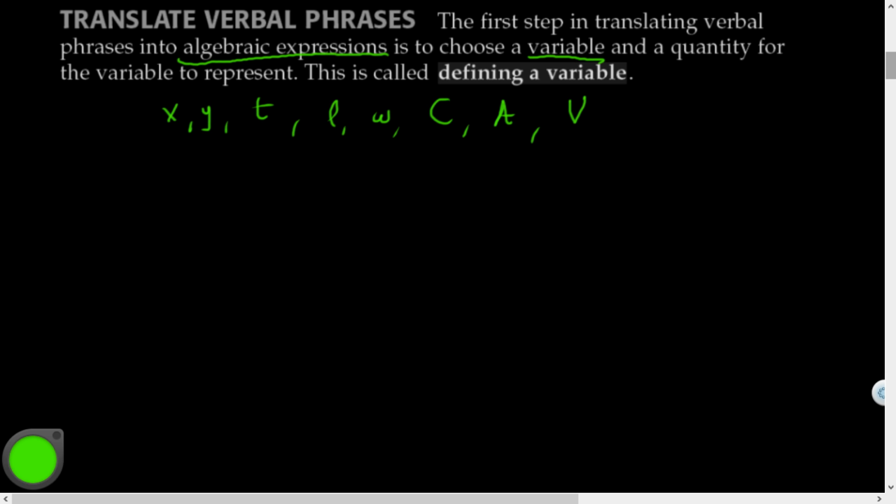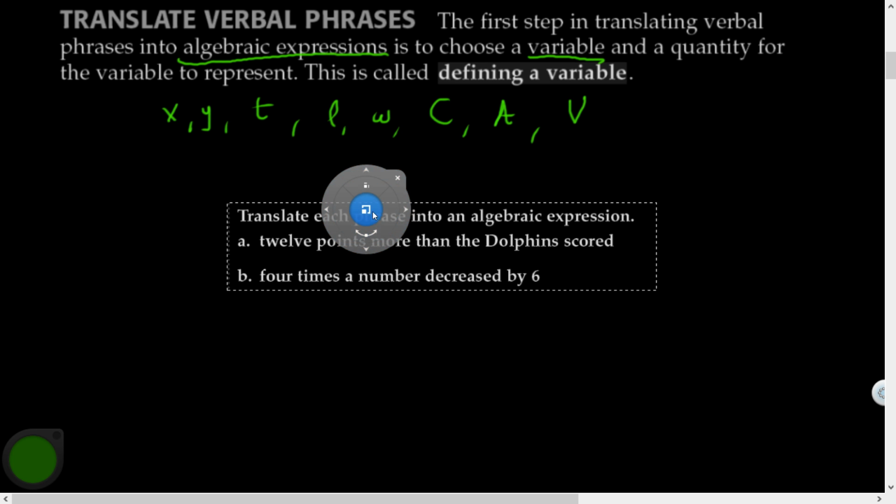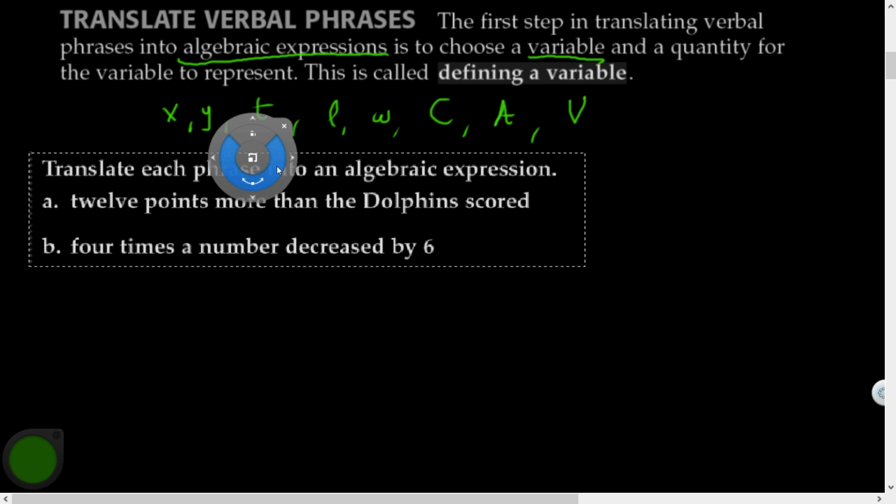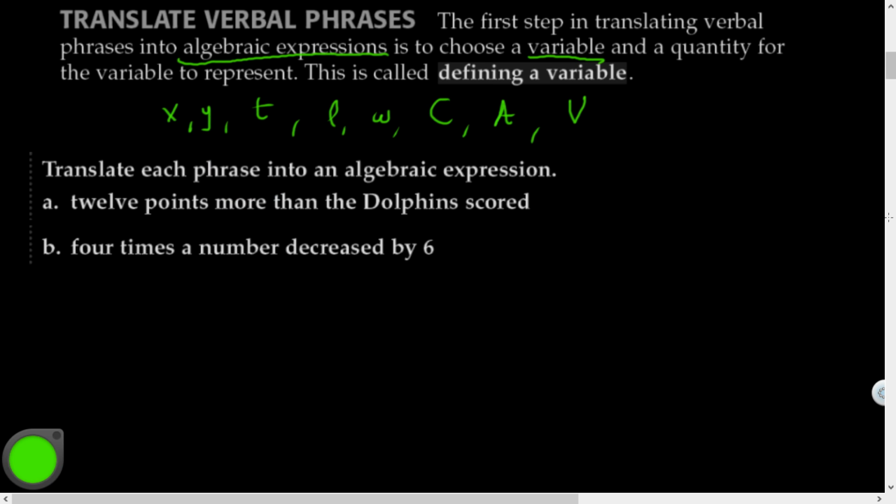So let's see if we can do some of these types of examples. Translate each into an algebraic expression. Whoa, little jumbo there. I don't know if you could stop the clicking there if you don't mind, just so we can focus. So, translating each phrase into an algebraic expression.